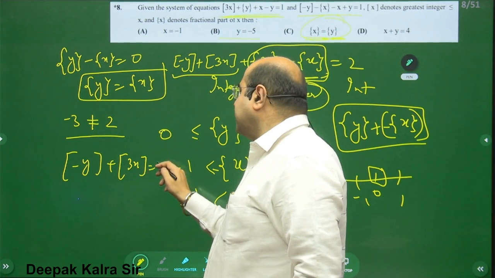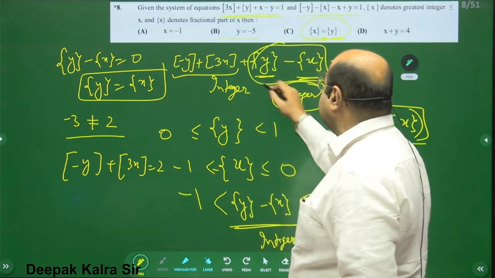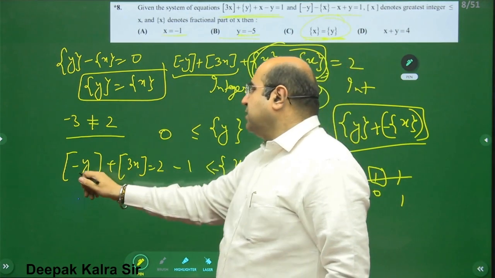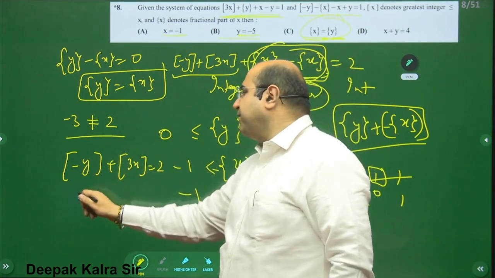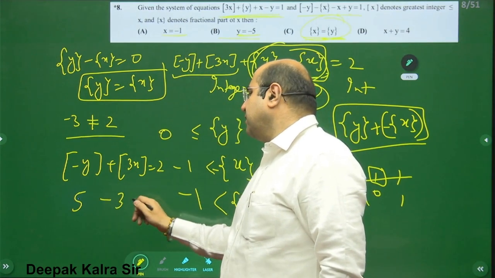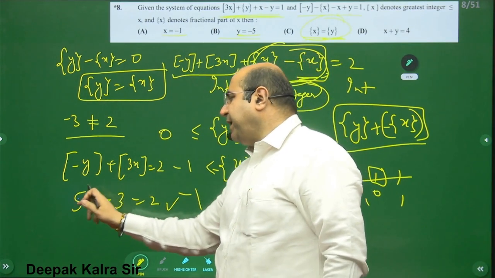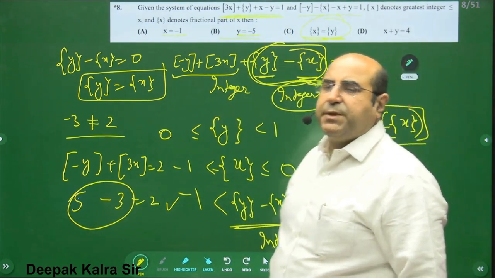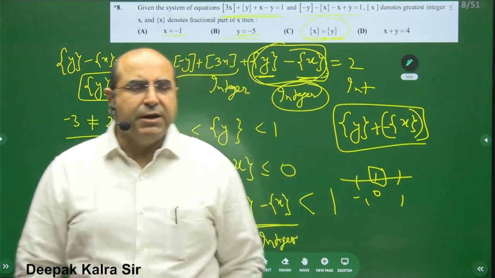Whether I'll get this as 2, because this will become 0 when I take x as an integer and y also an integer. When I take x as minus 5, it will become 5. And when I take x as minus 1, it will become minus 3. It is supporting, right? I think A and B should also be the answer, altogether compared with this also.